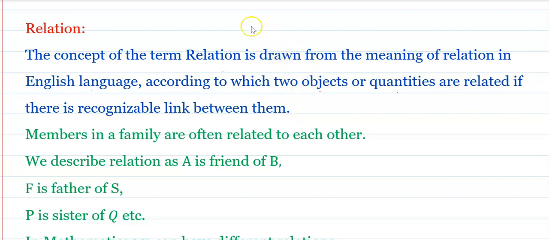We are considering two objects and there is a recognizable link between them. The members in a family are often related to each other. We describe the relation as A is a friend of B, F is a father of S, P is a sister of Q, in this way in a family.